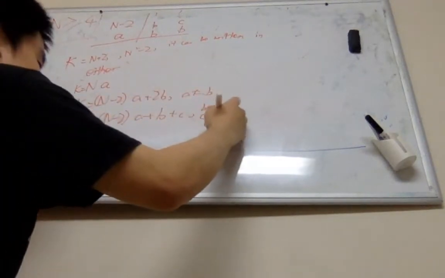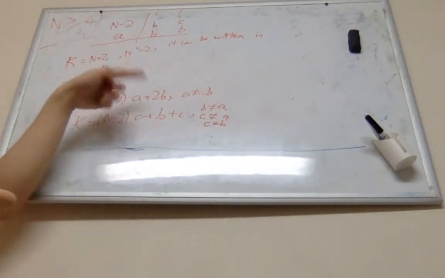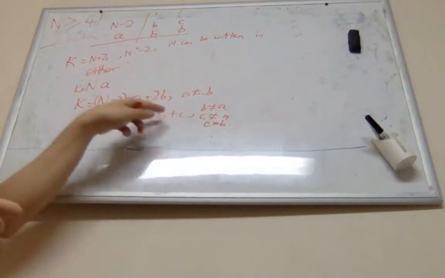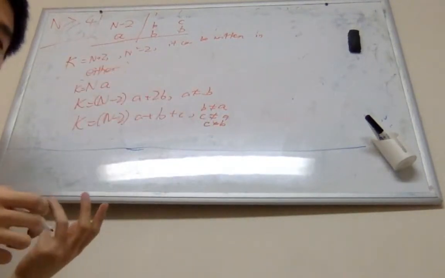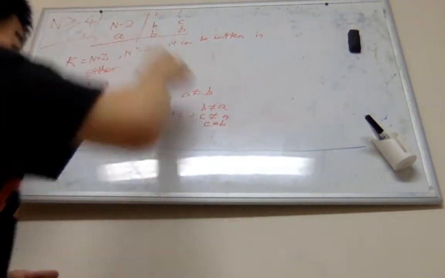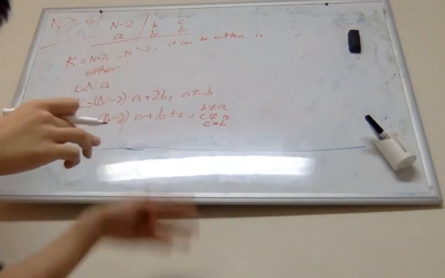And of course you can also do c not equal to b, but not doing this is just the same as this one. So we want to show that it's in this category.